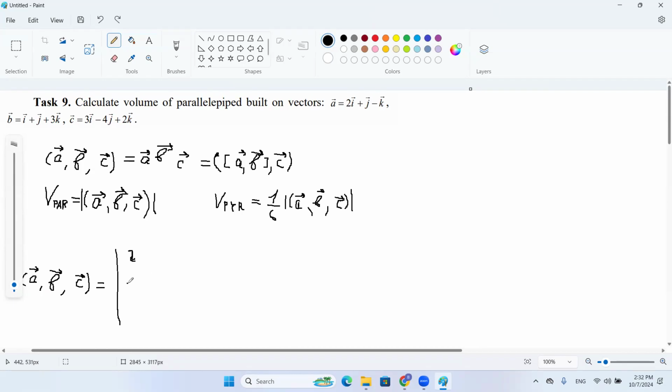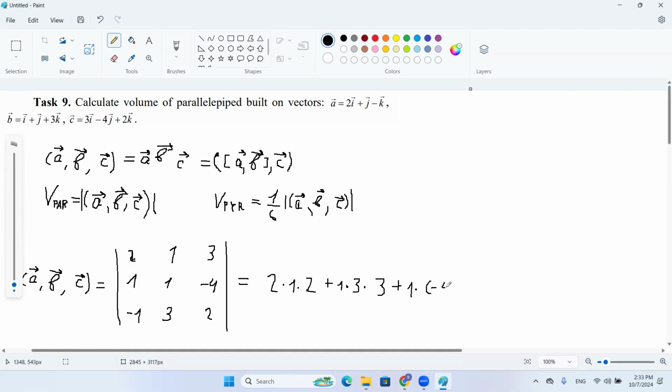So 2, 1, minus 1, 1, 1, 3, 3, minus 4, 2. So 2 by 1 by 2 plus 1 by 3 by 3 plus 1 by -4 by -1 and then minus.